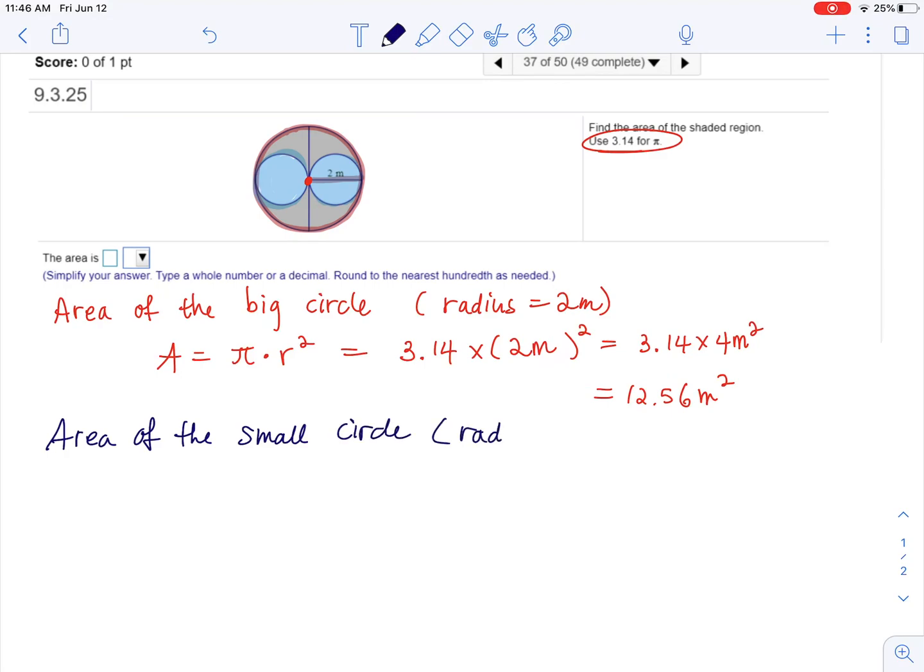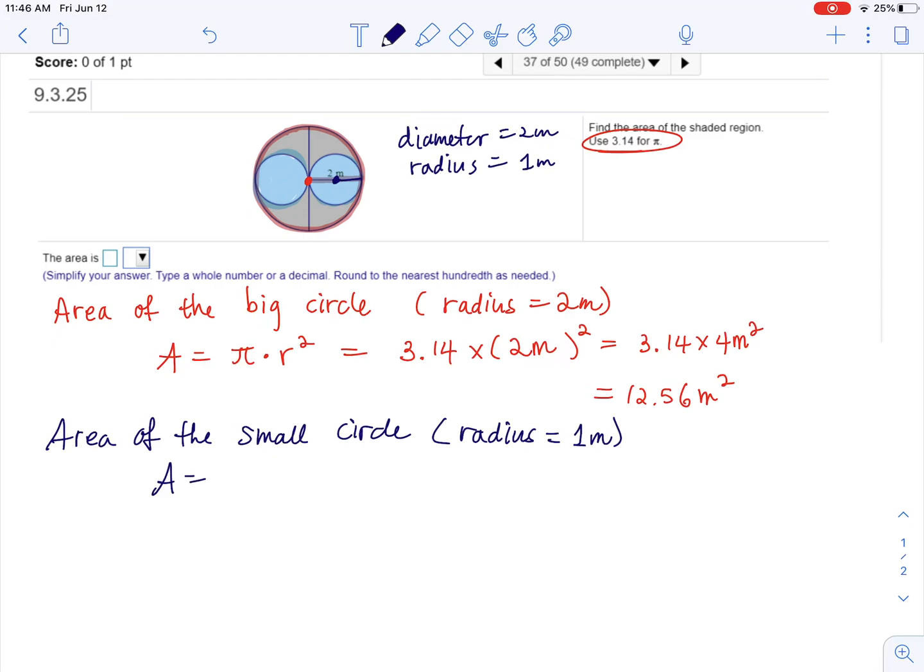What is the radius? Radius is from the center to outside. The diameter of the small circle is 2 meters, so the radius is half of that, 1 meter.